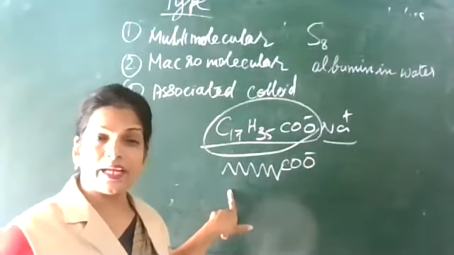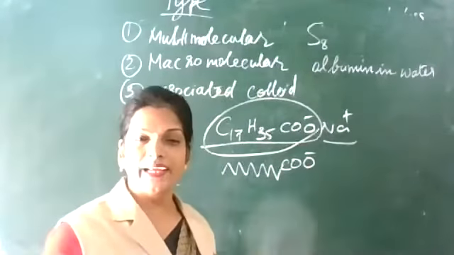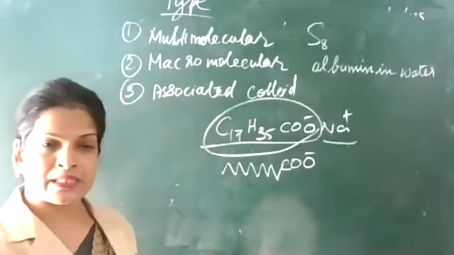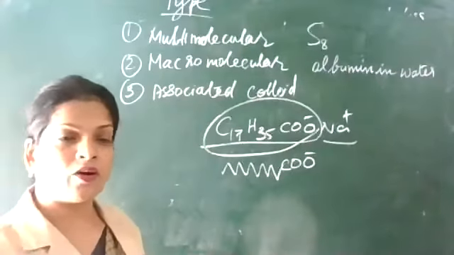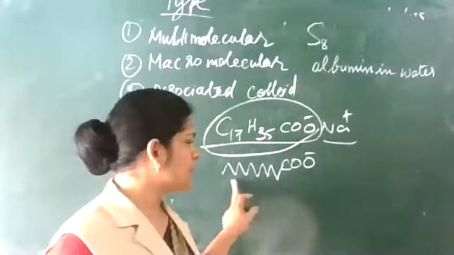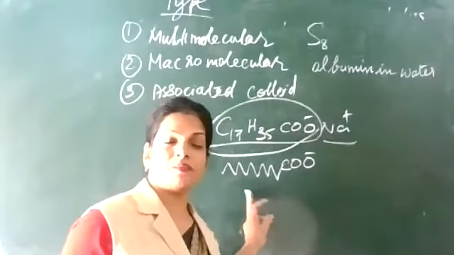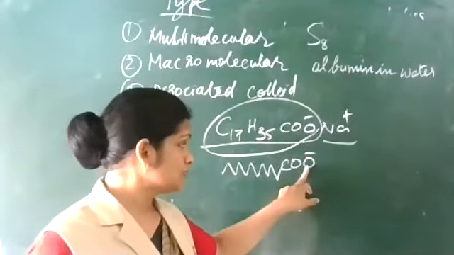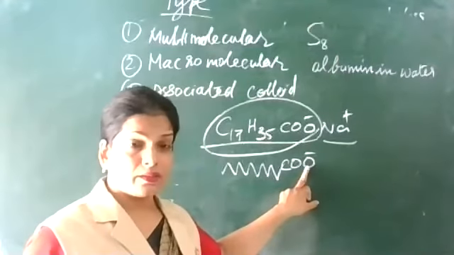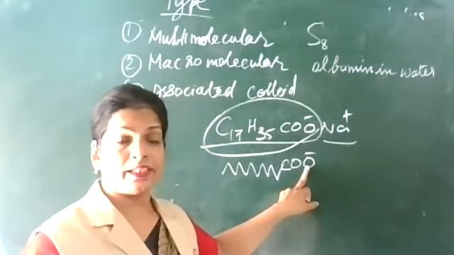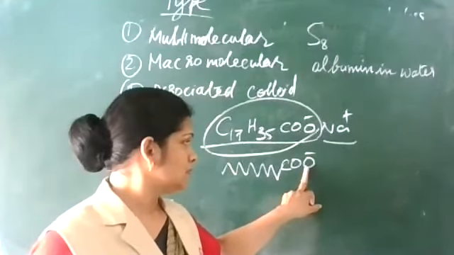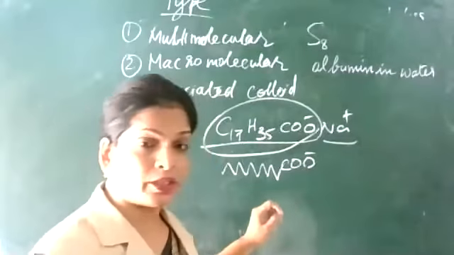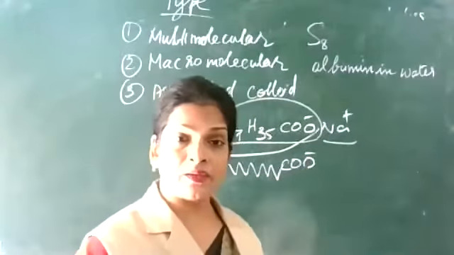Dirt, oil, grease, they are non-polar. So, like dissolves like, means this dirt or grease or oil will be dissolving in this non-polar portion, that will be in contact with this portion. And this is polar. If you rinse the dirty clothes after putting the soap, what will happen? This end will be in contact with water.